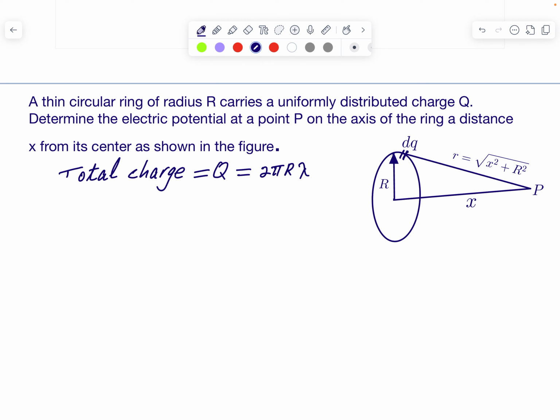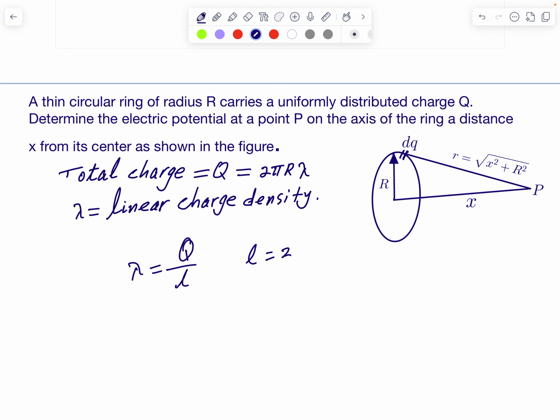Lambda is the linear charge density, which is Q divided by L, where L in this case is 2 pi big R. Okay?